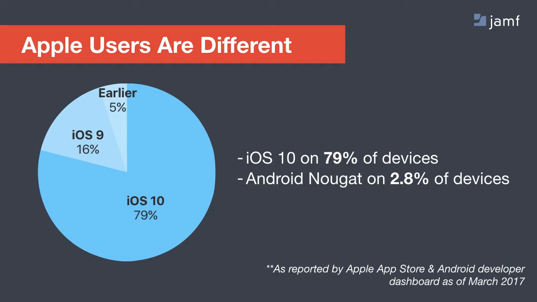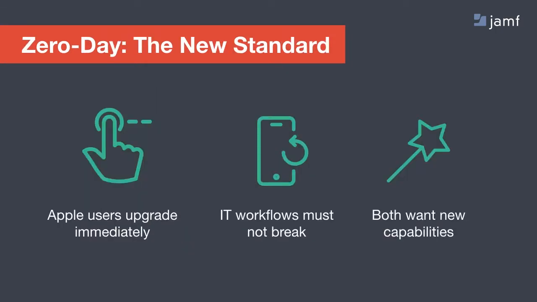And if you look at something like Lollipop, which was released back in November of 2014, that's still running on about 33% of active devices. But Apple users tend to upgrade immediately, and you as IT admins know you don't want that to break your workflows, and both the IT admins as well as the end users are looking for those new capabilities.